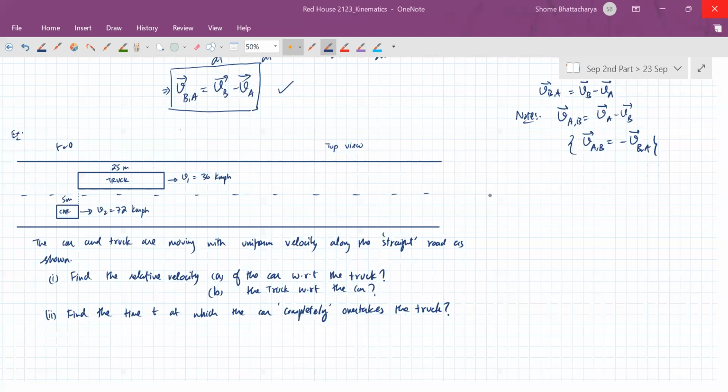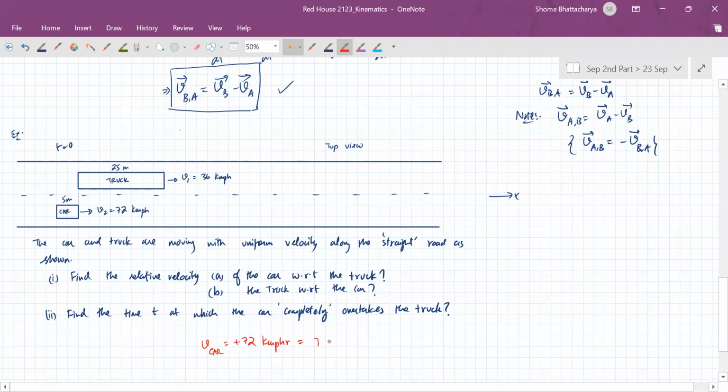If we are taking this as a positive x-axis, then we can write the velocity of the car as plus 72 kilometers per hour. That's the same thing as plus 20 meters per second.